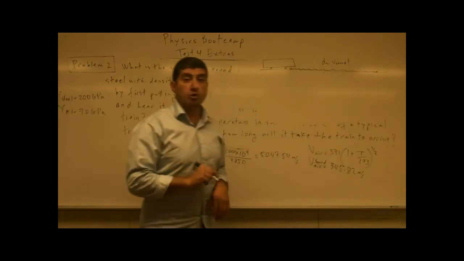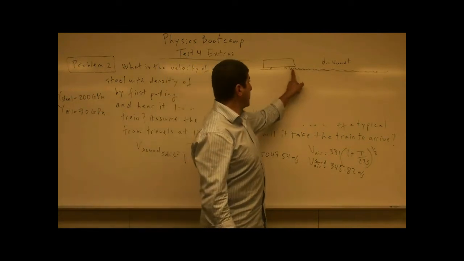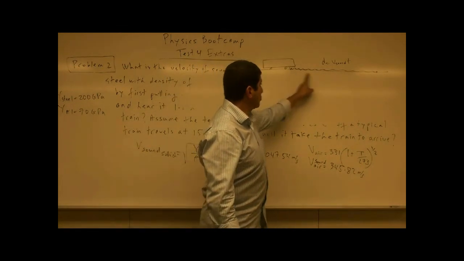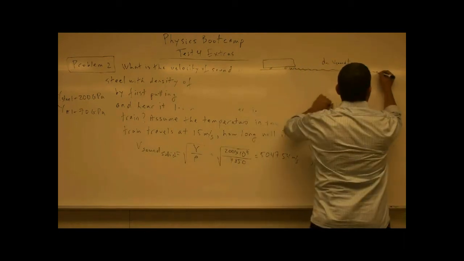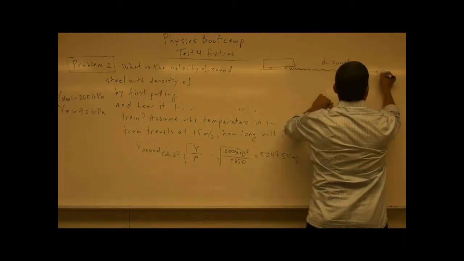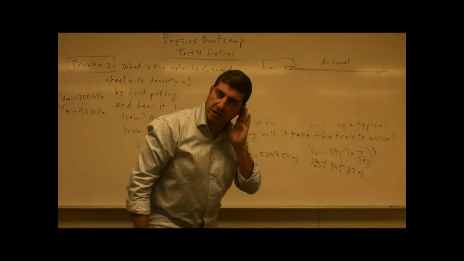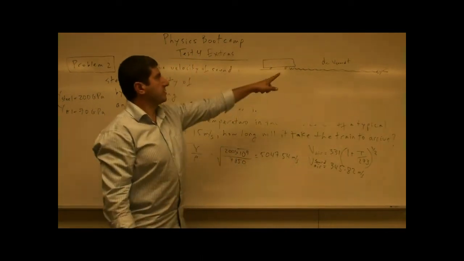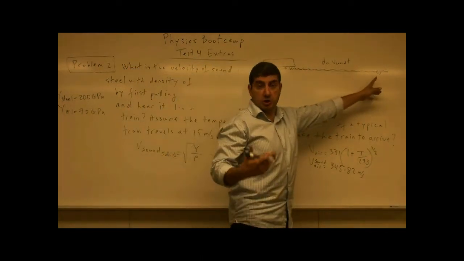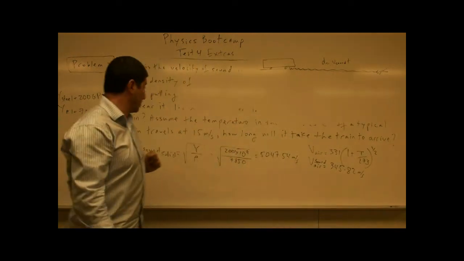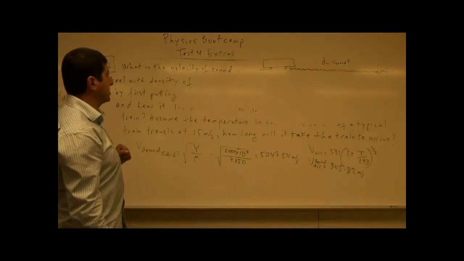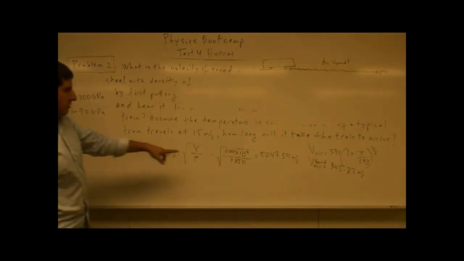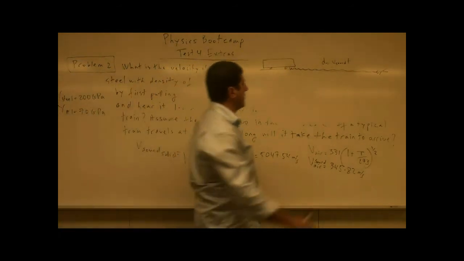The time, we don't know how long. How long is it going to take for the sound wave to reach you? Here you are, you put your ear on the steel tracks, so the time that it takes, we don't know, but we can solve for it. The distance, we don't know either. So the distance is the velocity of sound we found, 5,047.54.